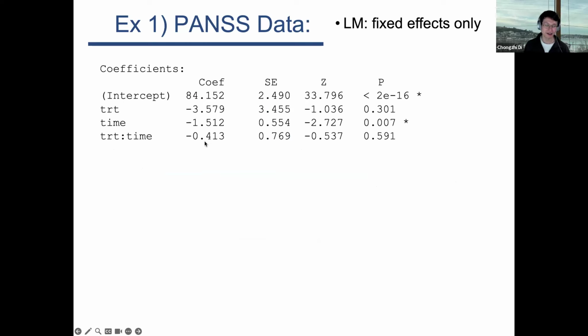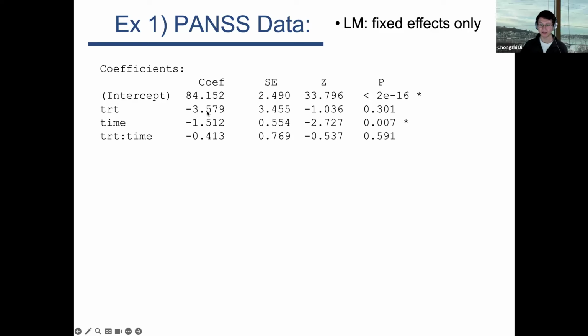If you fit the model, we put the treatment indicator, put the time in weeks, and also put the interaction between treatment and time in the model. So these are the estimated coefficients you would get. The treatment variable is not our primary interest because it tells you the difference in treatment at baseline, right?